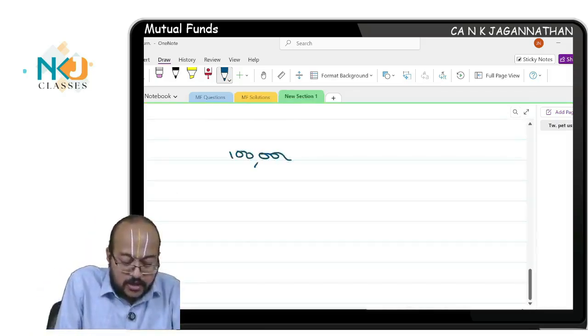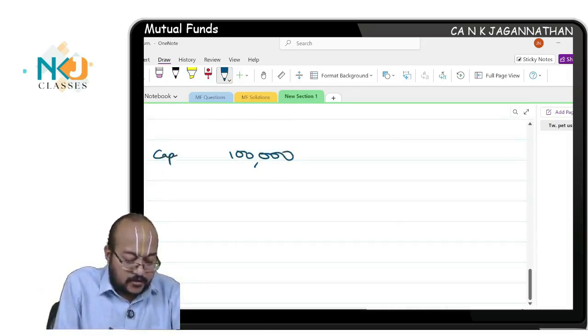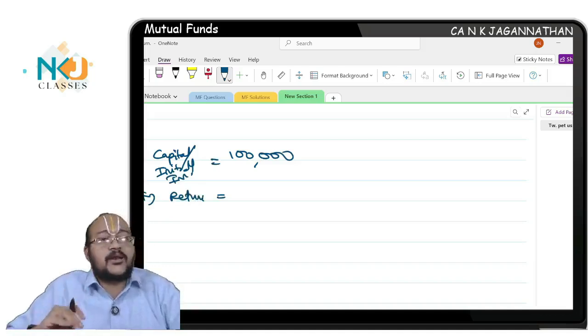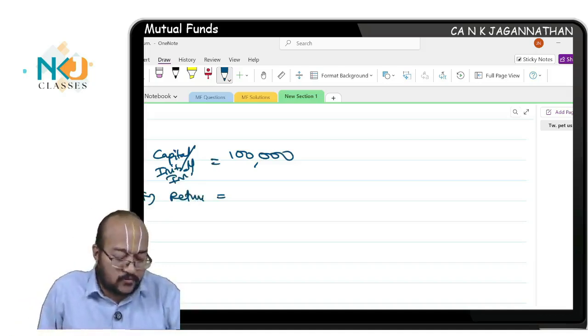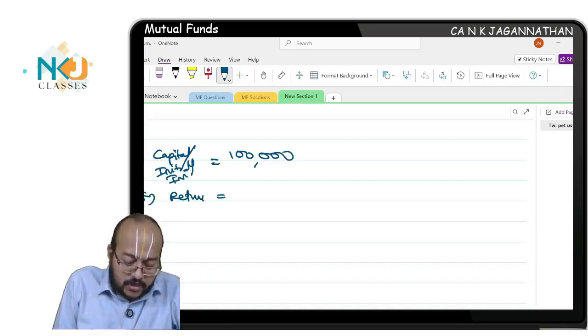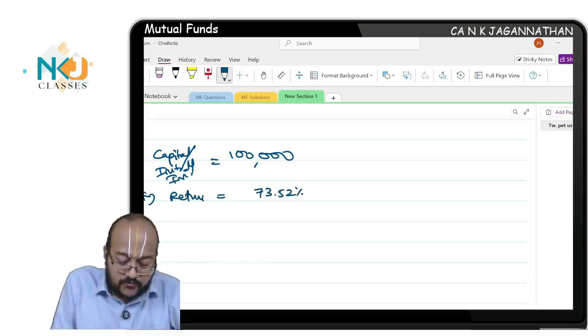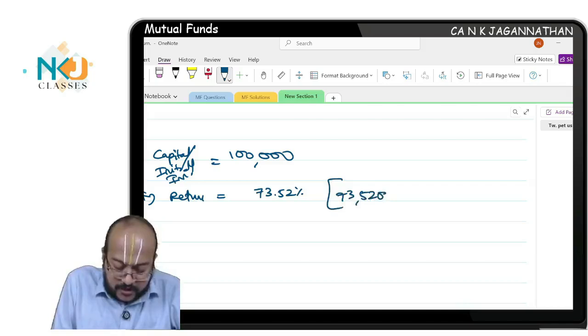1 lakh you had initially, correct? This is the capital, the initial investment, plus the return. How much return did it generate? 73.52% on an annualized basis. Just as an example for computation, if you apply 73.52% to 100, you get 73.52, so for 1 lakh you get 73,520, agreed?